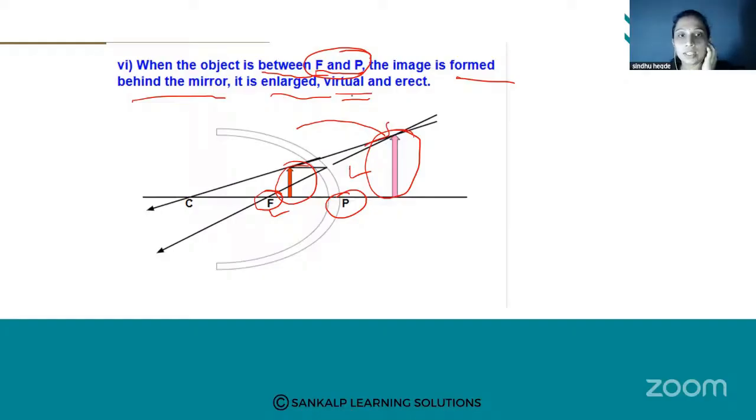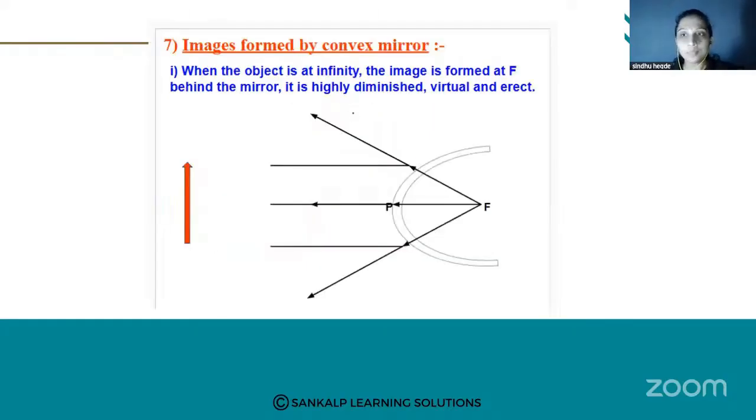It is firstly enlarged, and secondly it is virtual, and an erect image is formed. Okay, see, these all are the image formation in concave mirrors. I think you all have understood clearly now. Understood or not?